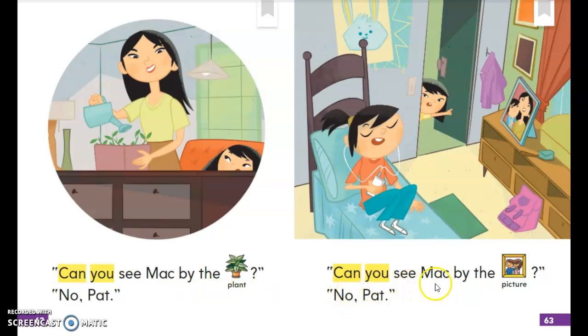Can you see Mac by the picture? No, Pat, her sister said. Where does Pat ask her sister to look? Yes, by the picture. There's the picture. And then down here we have a little picture to help you read the word picture.